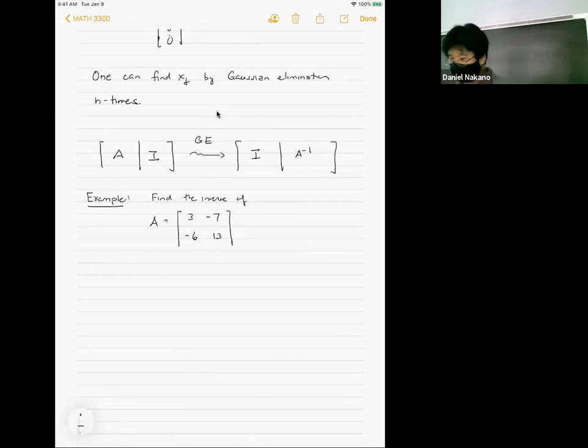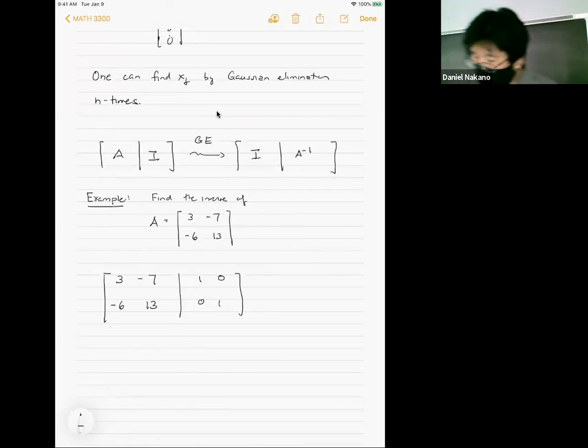So we're going to actually use this approach, and then hopefully we get the right answer. All right, so here we go. So let's put in this matrix over here, and then we put the identity matrix off to the right-hand side. All right? Okay, so we're going to use Gaussian elimination on this.